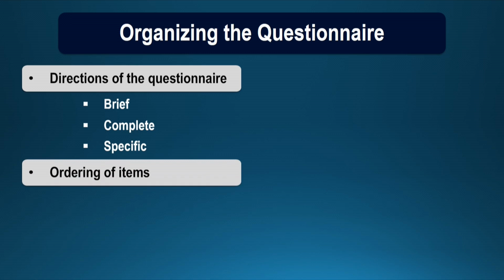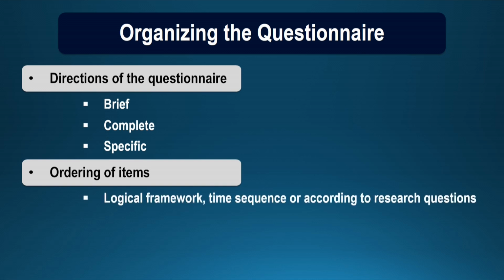Ordering of items needs to be paid attention to. You can follow a logical framework where one item leads to another item, or you can follow a time sequence and, as per the activities as they occur, you can include the items and answer the research questions, or you can keep the research questions in mind and organize the items which relate to one particular question, then to the next question, then to the third question.